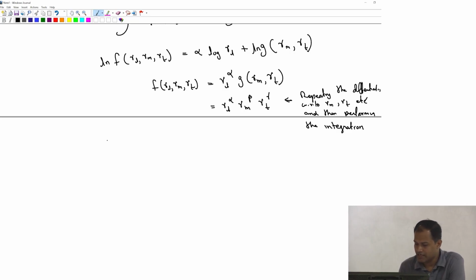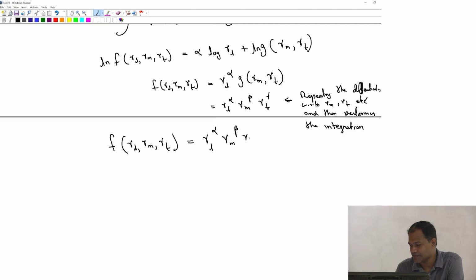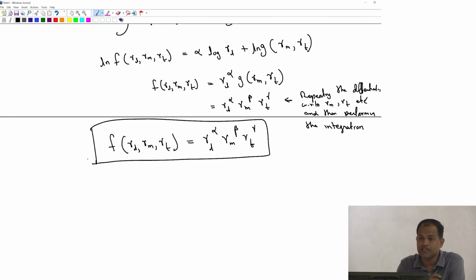What have we really done? We found that f of RL, Rm, Rt, some function of reduction ratios, is just going to be a power law expression. Reduction ratios are the ones which you will use when you are changing from one system of units to another system of units.